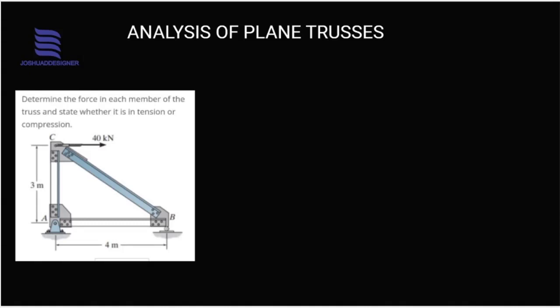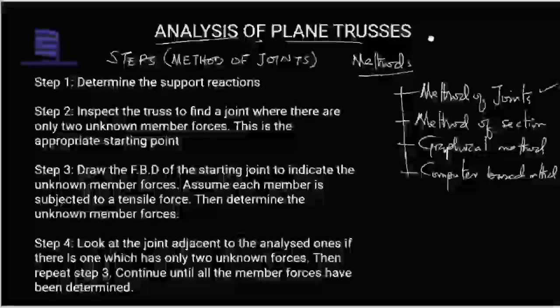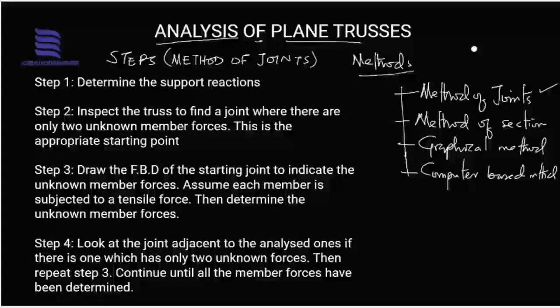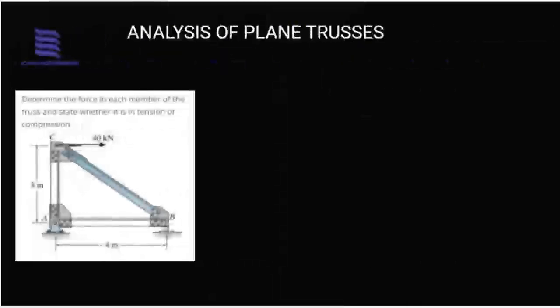From our previous steps, we said the first thing is to determine the support reactions. So what are supports? Supports are as seen in joint A and joint B. This is the support at joint A, support at joint B, that holds the frame to a point of support.